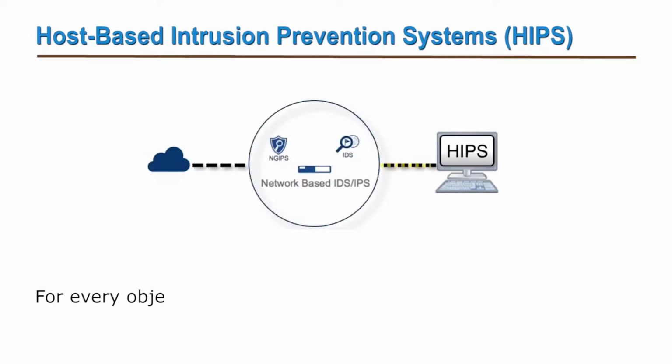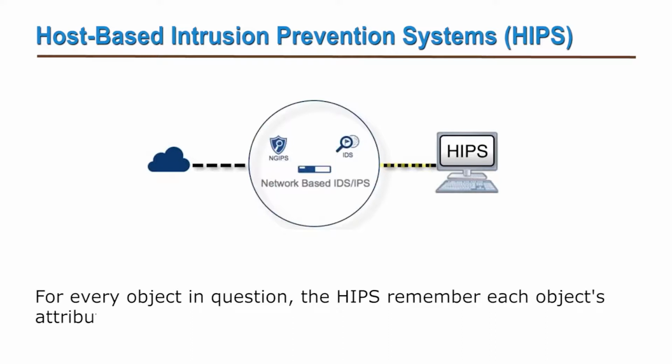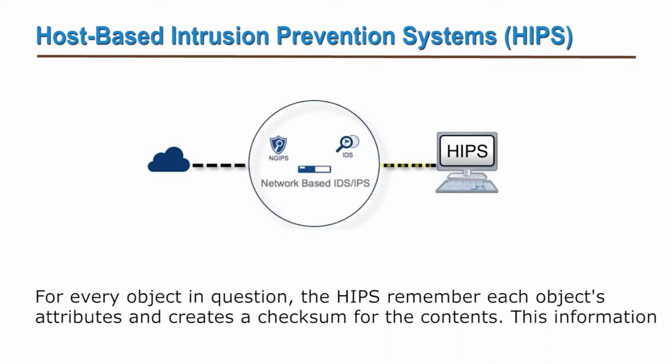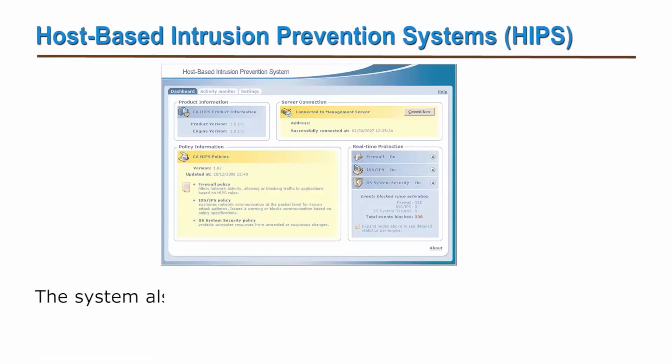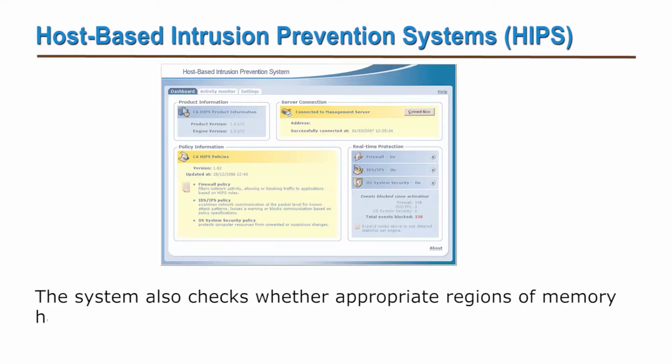For every object in question, HIPS remembers each object's attributes and creates a checksum for the content. This information is actually stored in a secure database for later comparison. The system also checks whether appropriate regions of memory have not been identified.